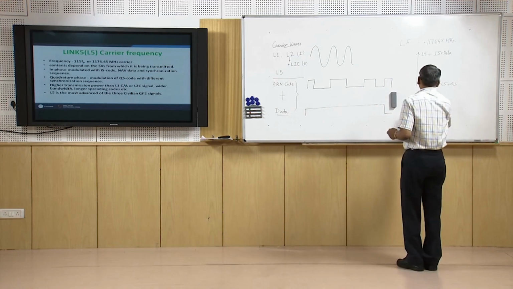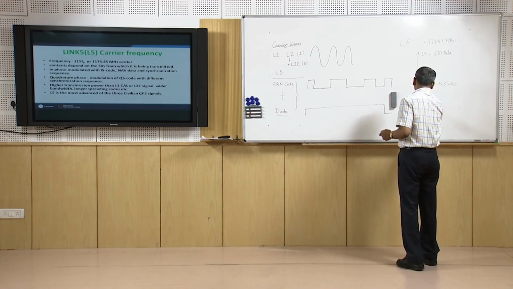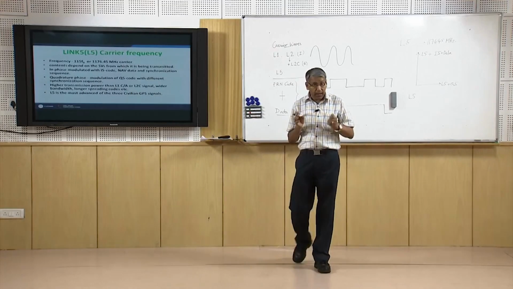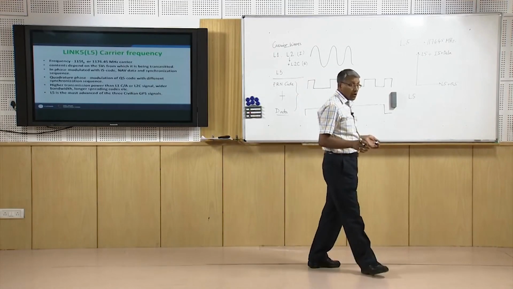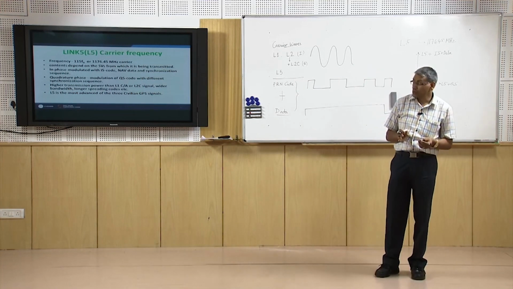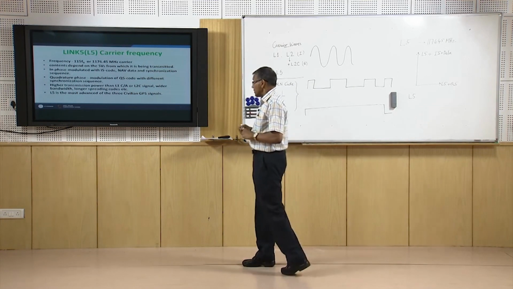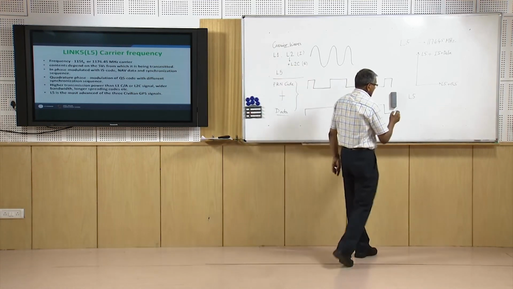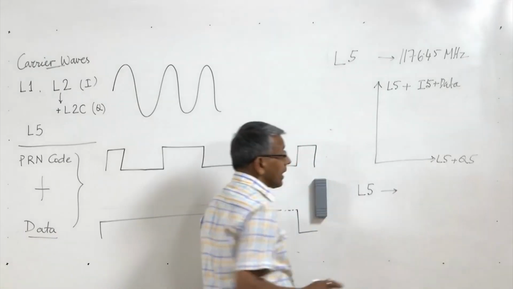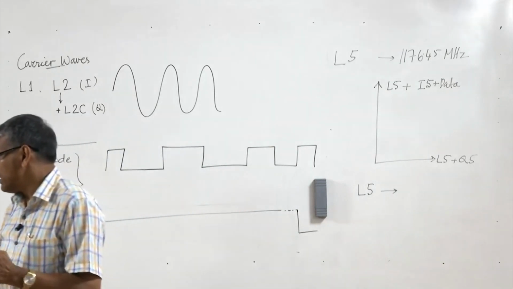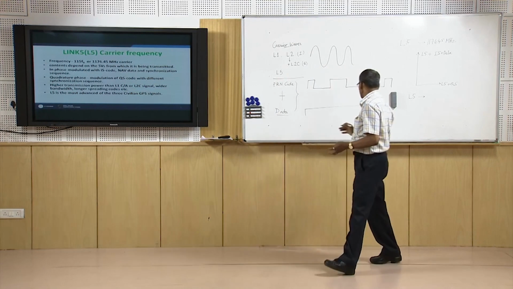However, the L5 signal is more powerful than the L1CA signal as well as the L2C signal. Not only that, the L5 signal also has the capability of wider bandwidth or longer spreading codes.